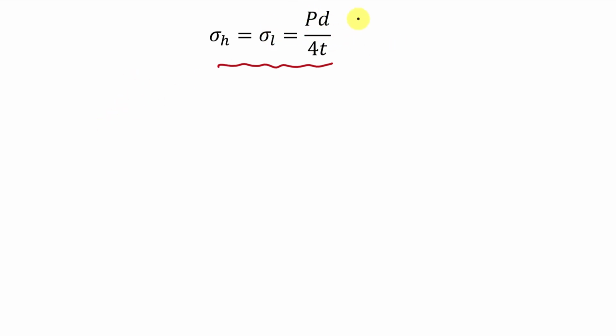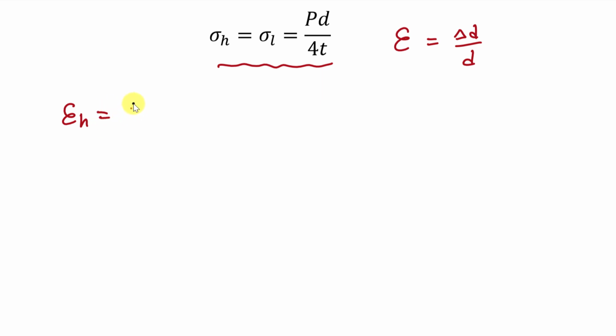Now we are going to find strain in spherical pressure vessel, and we know that strain for spherical pressure vessel is equal to delta D by D, and it will be same in all the three directions, right? So here we can write that epsilon h, that is strain in longitudinal direction, or we can say it is strain in tangential direction, or it is strain in radial direction.